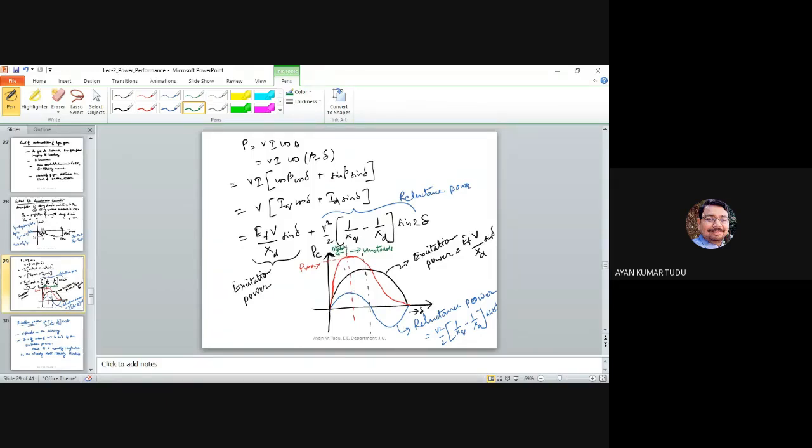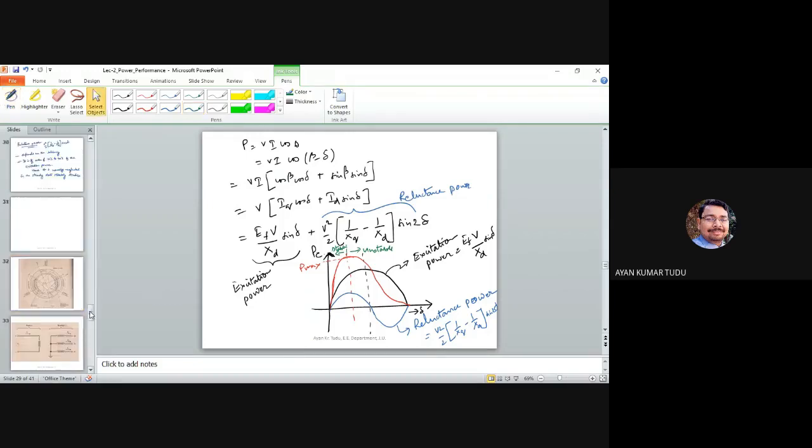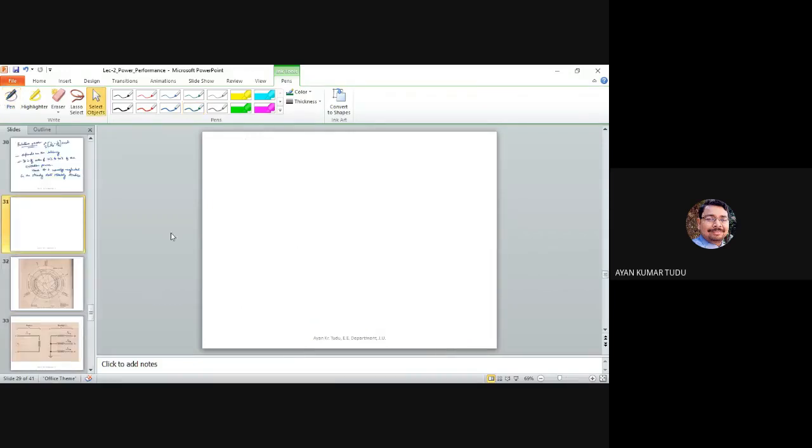The peak power for a salient pole synchronous generator occurs at a value of delta which is much less than 90°. So we can say that the salient pole synchronous generator is more stiff than the cylindrical rotor synchronous generator.